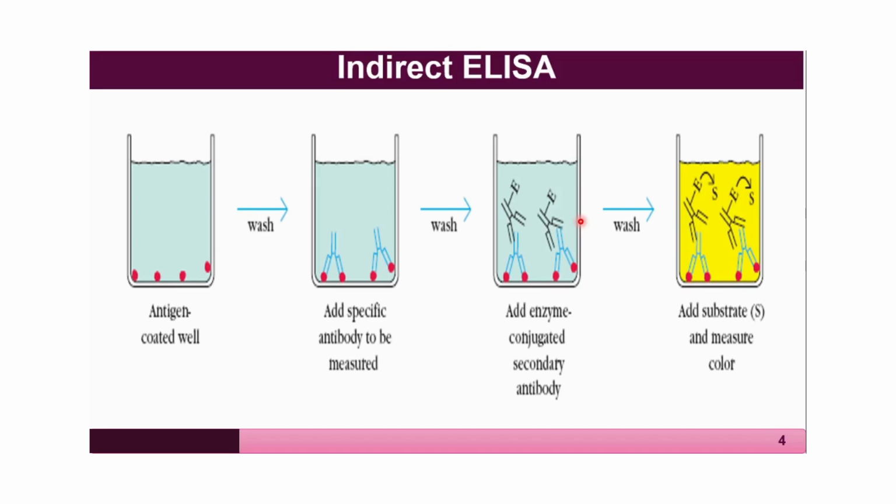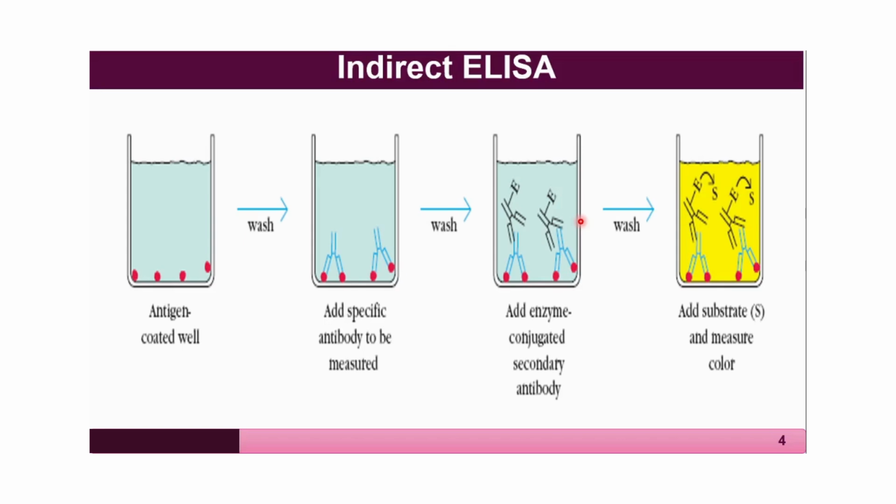To this sample now, you add anti-antibody which is labeled with enzyme. The anti-antibody could be an IgE antibody raised in an animal, or it could be a monoclonal antibody produced by hybridoma technology, but linked with the enzyme.